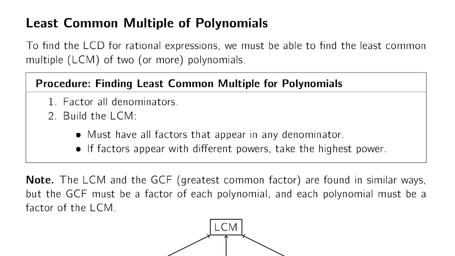If we're going to try to add two rational expressions that initially have different denominators, we're going to need to find a common denominator. Now, when we're finding a common denominator for numbers, there are all sorts of shortcuts we can take. And if we find a common denominator, but it's not the smallest possible common denominator, it's not really a big deal.